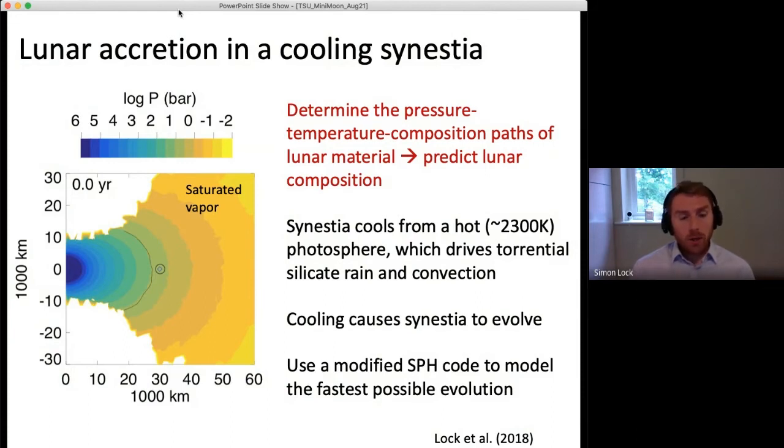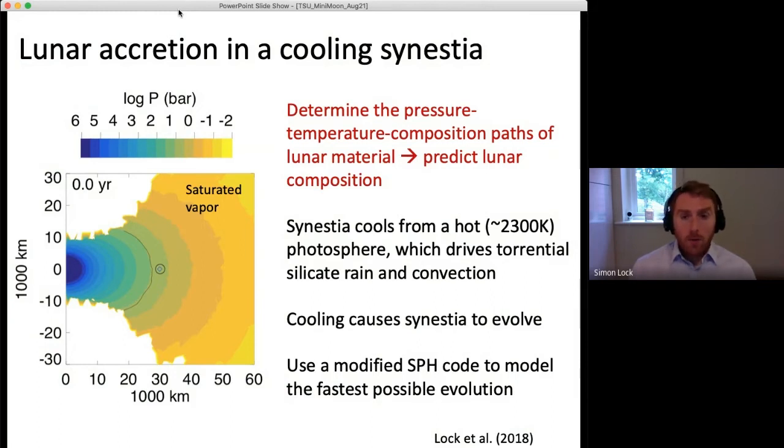And that's important because we're trying to match these important constraints of the moon's composition, both its bulk composition, but also its isotopic composition. And so the way that we did that was to adapt one of the codes that we use for giant impact simulations to actually model the evolution of the vapor envelope over time of the synestia, and then use a series of separate calculations to bootstrap onto that calculation to understand the paths material is going through.